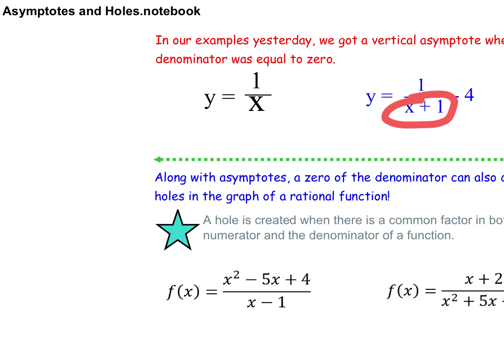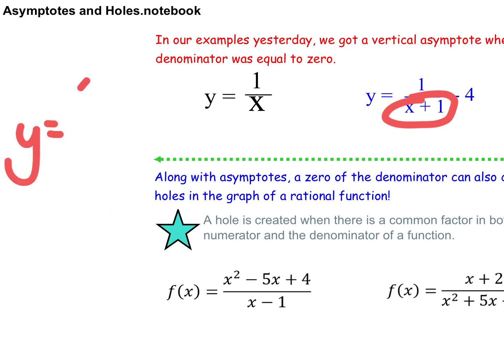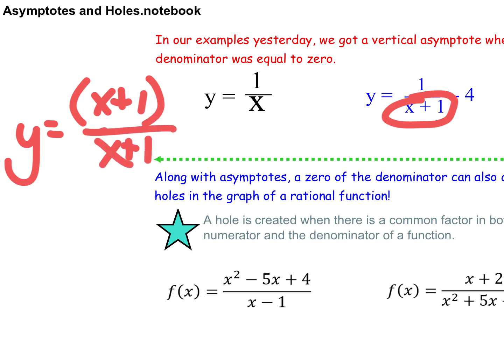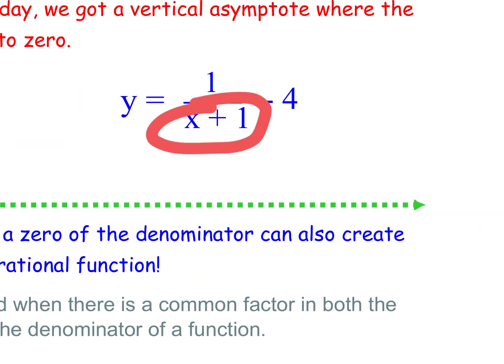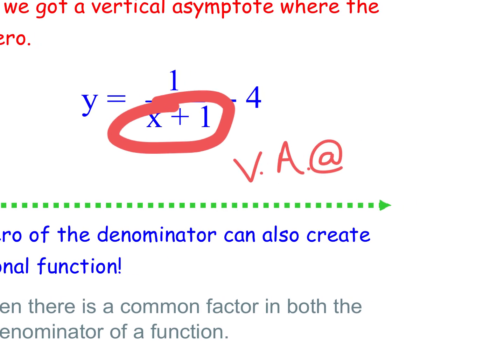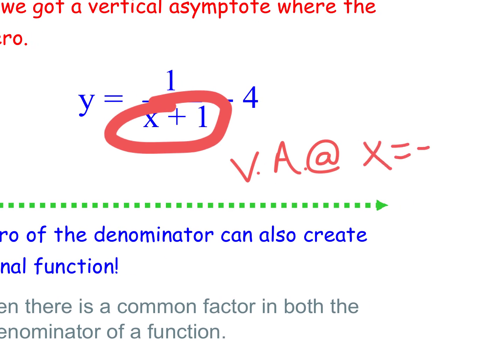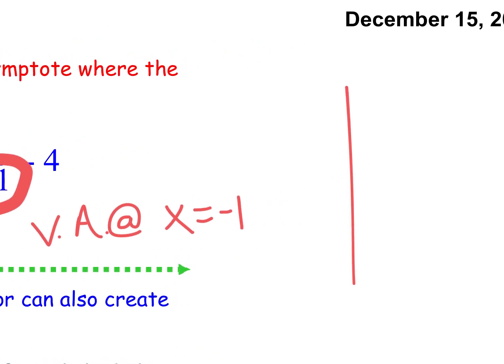And there was some like this where you'd have like x plus 1 over x plus 1. That kind, you'd have a hole at -1. If it didn't cancel, like in this kind, then it's a vertical asymptote at x equals -1. Now, x equals lines look like this, vertical asymptote.